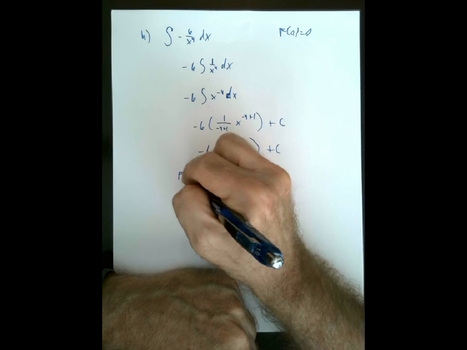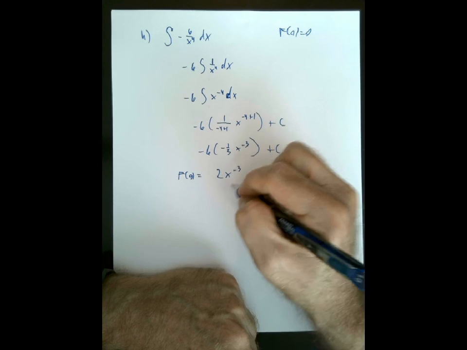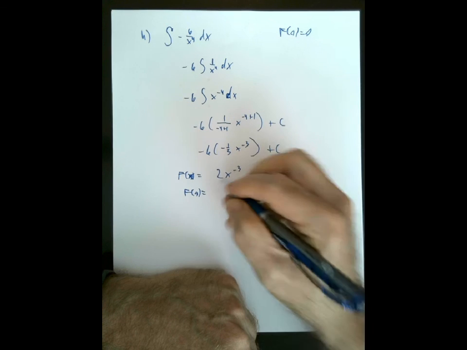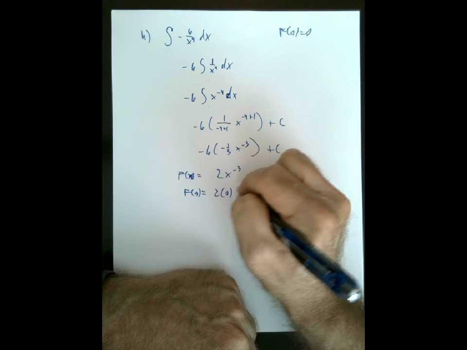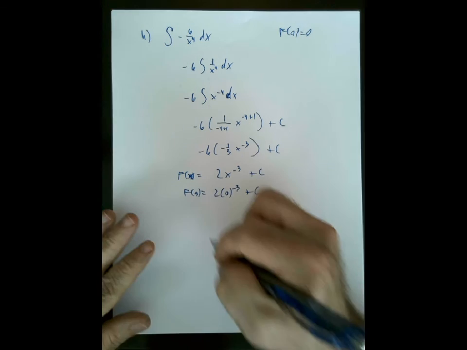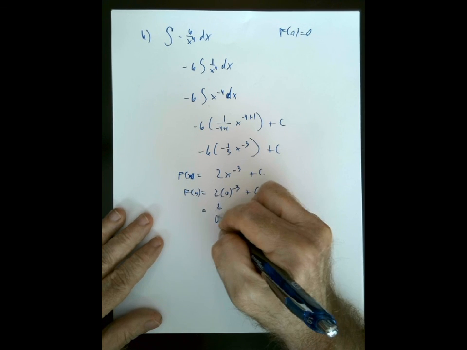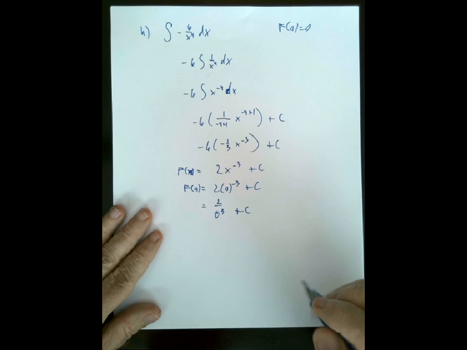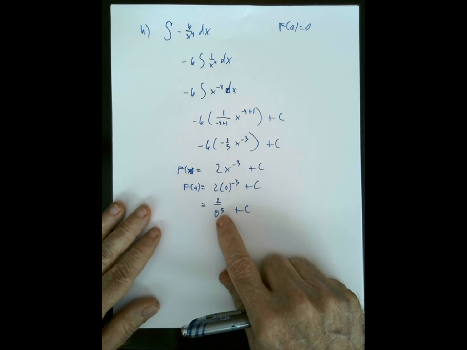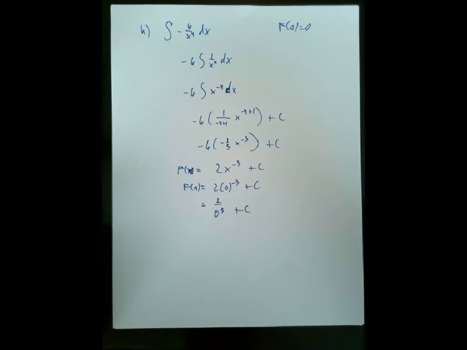And f of 0 is equal to that. So f of 0 is equal to 2 times that, right? Well, that's equal to 2 over 0 cubed plus c. And you can say, oh, wait a minute, that's undefined, right?